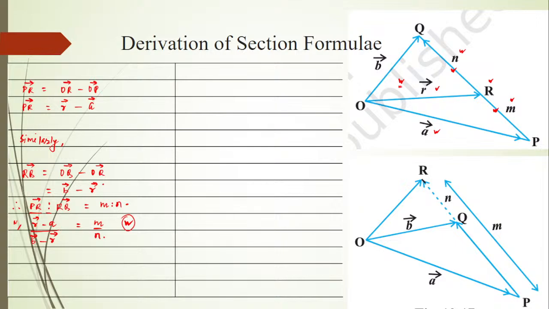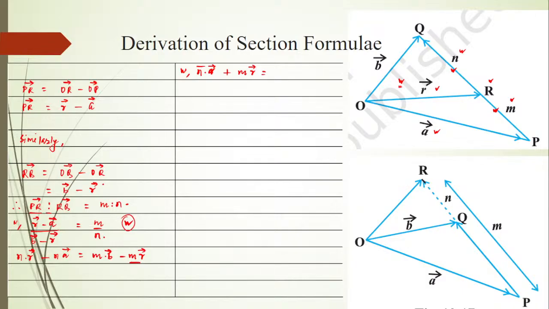Now by cross multiplication we write n into vector r minus n into vector a equal to m into vector b minus m into vector r. We move this m into vector r to the left hand side, then we get n into vector r plus m into vector r.